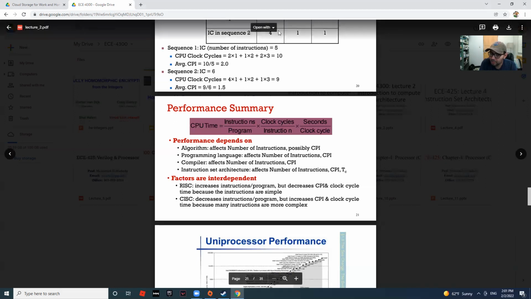You guys agree? While in CISC, decreasing the instructions per program consequently increases the CPI and the clock cycles, because every single instruction might have its own class with a different number of cycles, which indicates the whole process will be more complex than RISC.